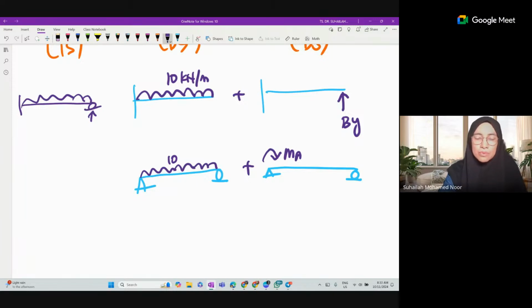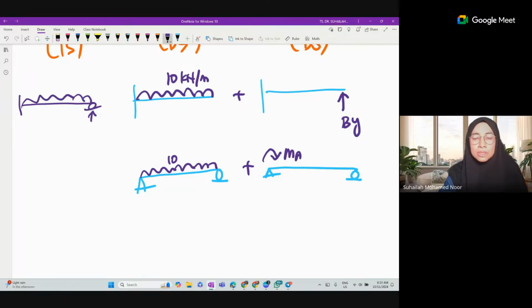The loading is there. We do not remove the loading. It is just a simply supported beam with external loading, plus another simply supported beam of the same type, but for this one we apply back the moment at A that we removed previously. So this is the basic idea of the principle of superposition.